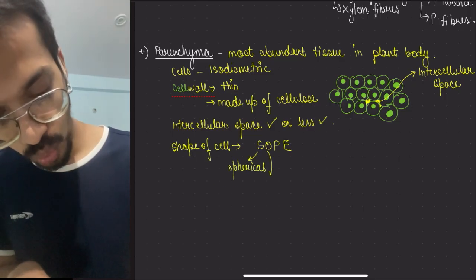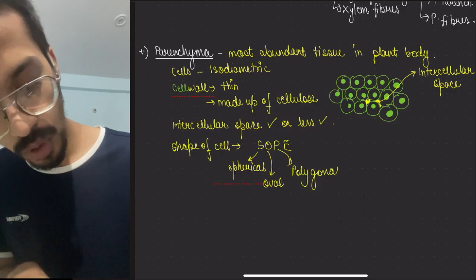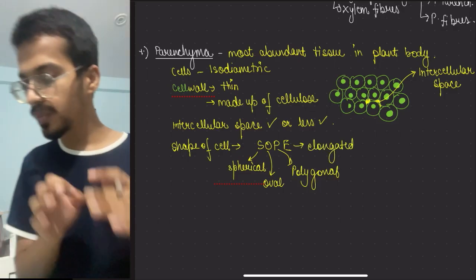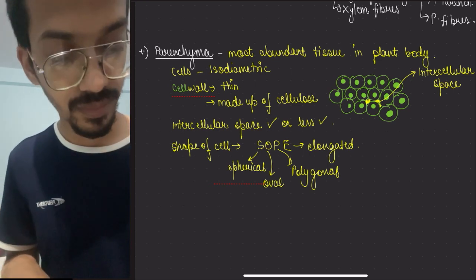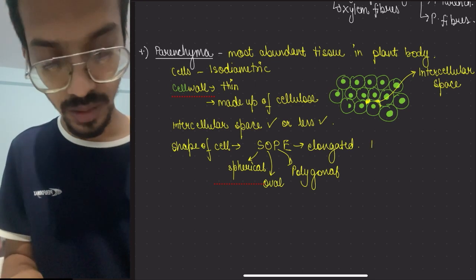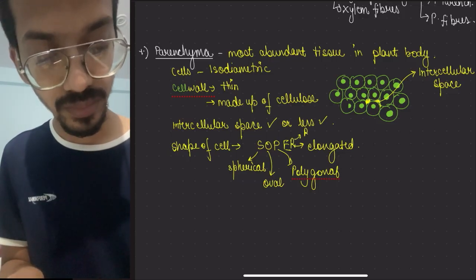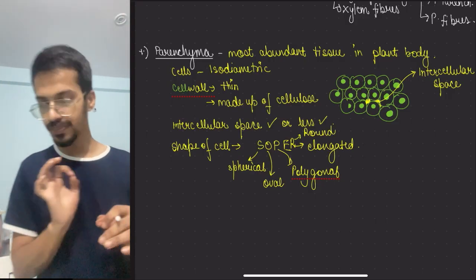O is for oval, P is for polygonal, E is for elongated. These would be the cell shapes present. Along with that, R, so SOPER would be a better word. R is round.